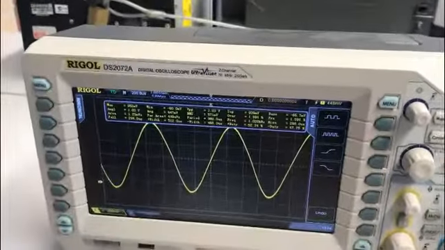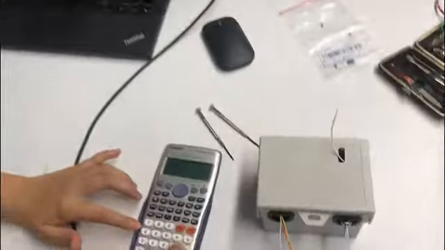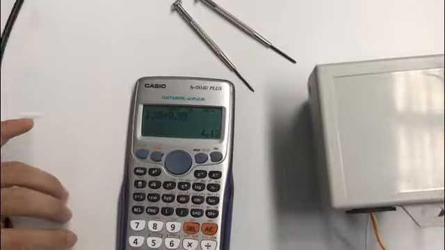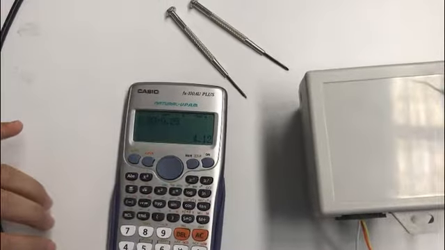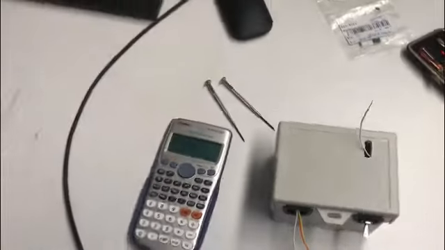The voltage here is 1.03 volts. So 1.03 divided by 0.25, the impedance should be 4.12 kilo ohm.